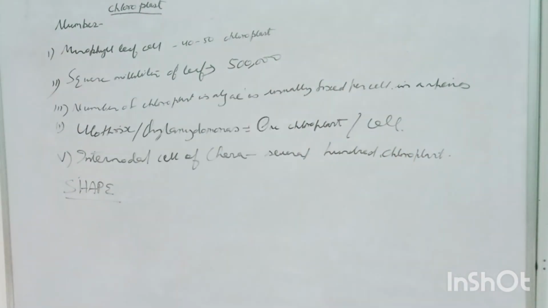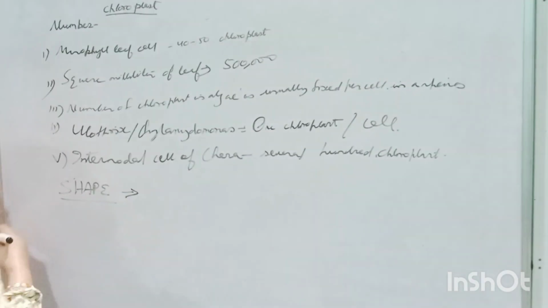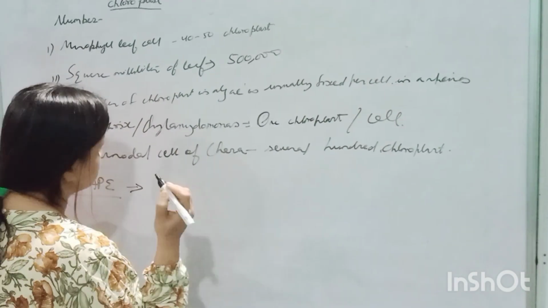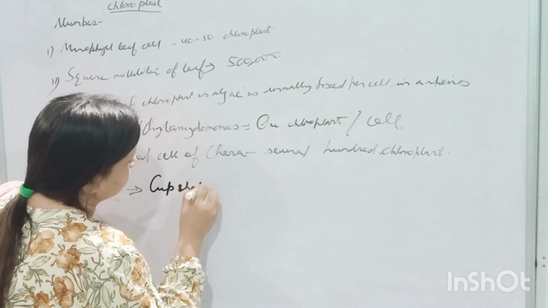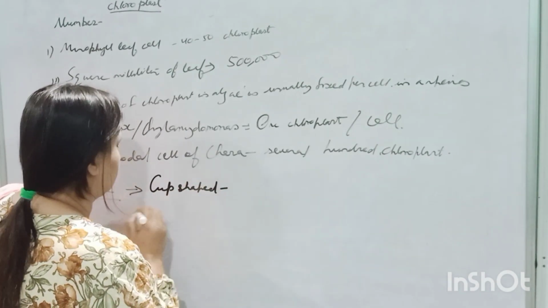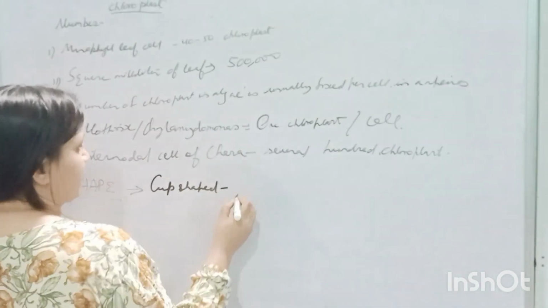Also the shape. Cup shape is found in Chlamydomonas.